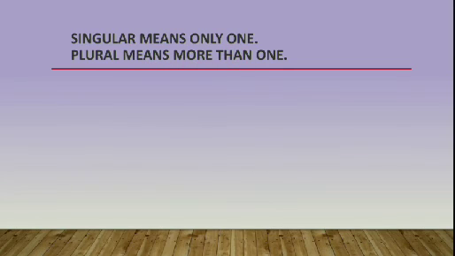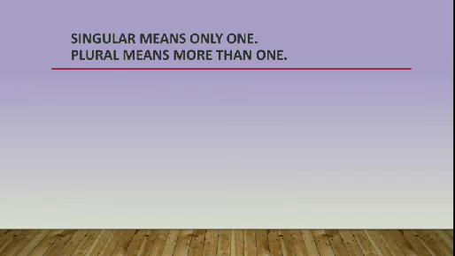Whatever the object or item is, if there is only one, that will be regarded as singular, and if there is more than one, then it is regarded as plural.